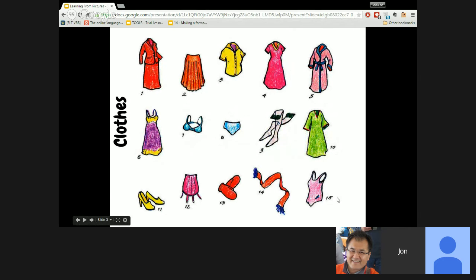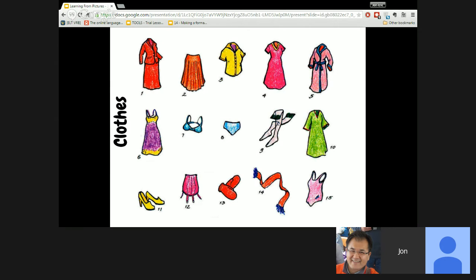Well, let's see. To me, 15 looks like something that's used maybe in a kind of sport. Sorry, I made a mistake. Actually, over our clothes. Oh, now that makes a lot more sense.